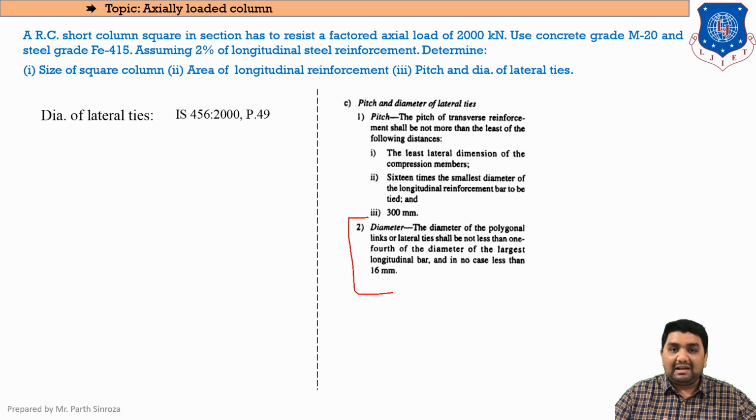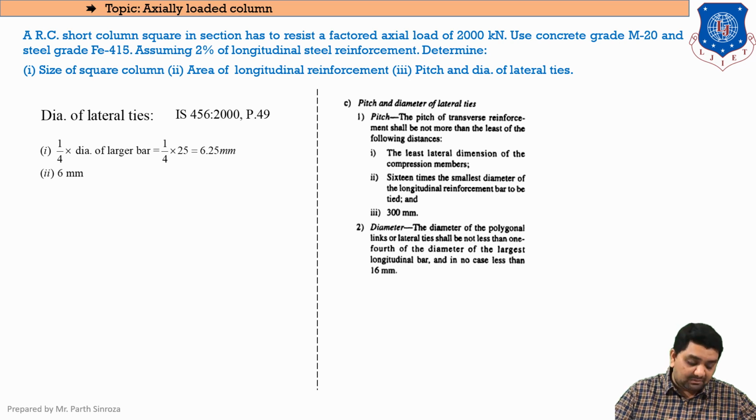Longitudinal bar means the main diameter that we have just provided, and in no case shall it be less than 16 mm. Clear? Now keep in mind there is a printing mistake here; it is not 16 mm, it is 6 mm. So for examination purposes, keep in mind there is a printing mistake in our IS code. This value is 6 mm, not 16 mm. So do not change anything in your code, just remember it for future reference.